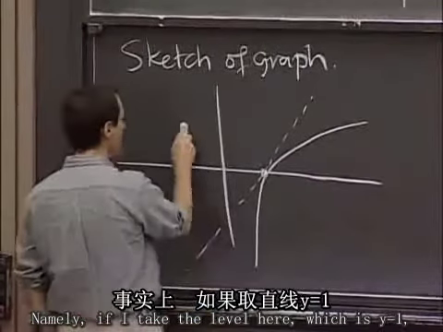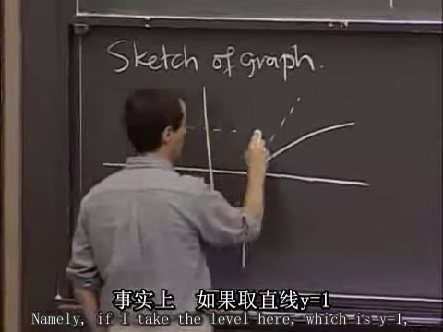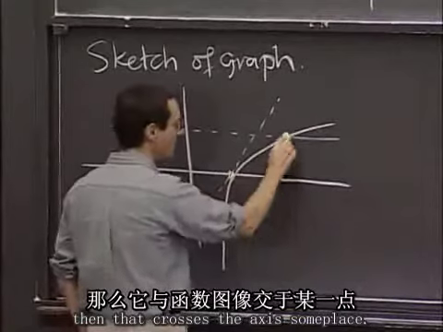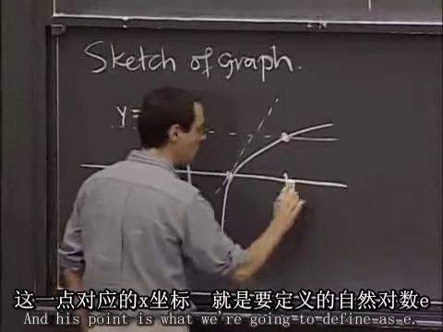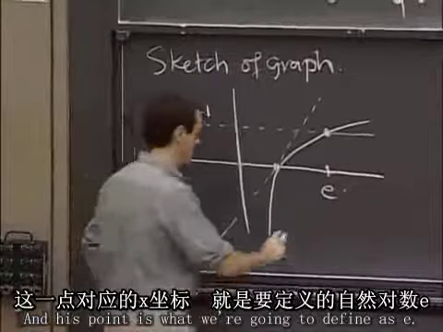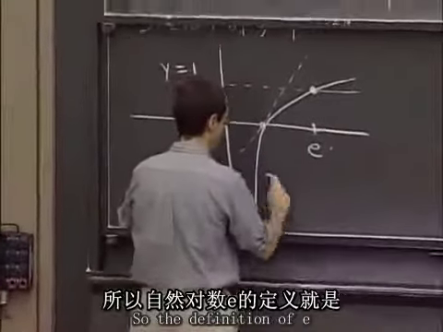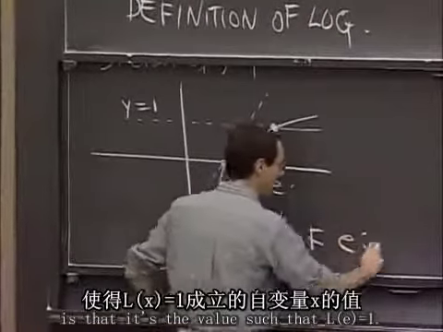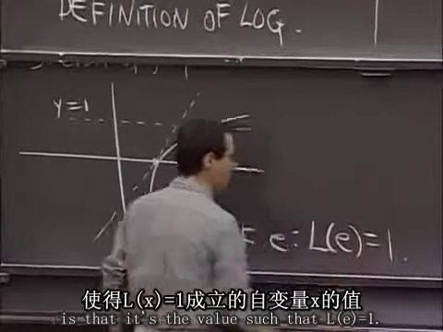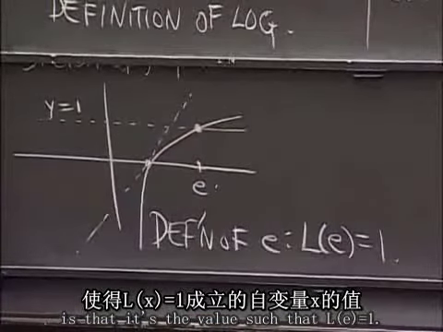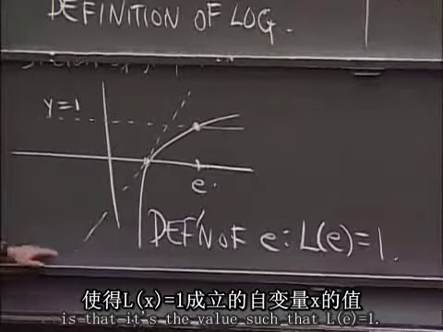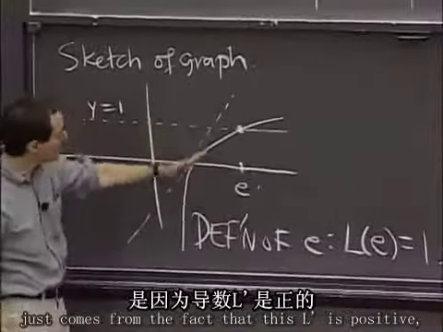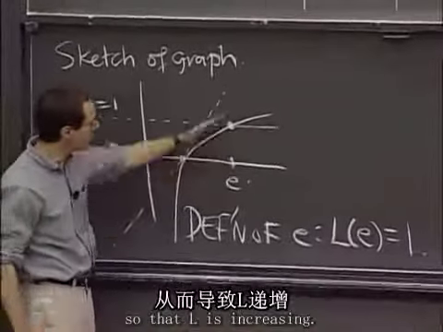Namely, if I take the level here, which is y equals 1, then that crosses the axis someplace, and this point is what we're going to define as E. So the definition of E is that it's the value such that L of E is equal to 1. And again, the fact that there's exactly one such place just comes from the fact that this L prime is positive, so that L is increasing.